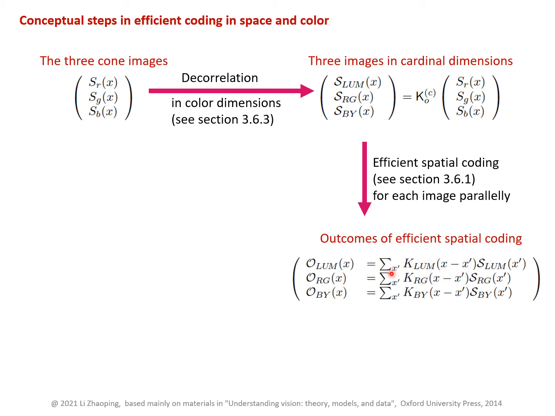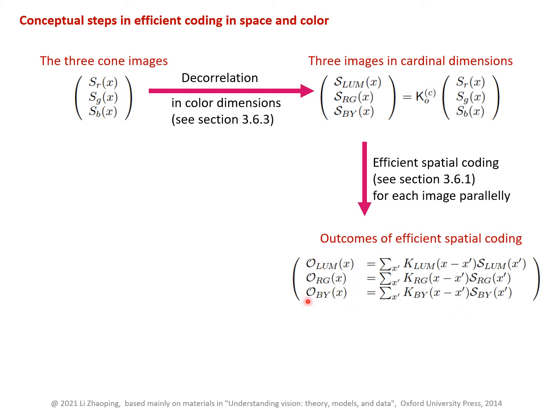For instance, for the luminance channel, because the signal to noise can be very high, this is likely to be a center surround receptive field. And for the chromatic channel R minus G, the signal to noise could be lower, and so this is perhaps going to be more low pass compared to that. And similarly, the blue-yellow chromatic channel is going to be more low pass compared to the luminance channel filter.